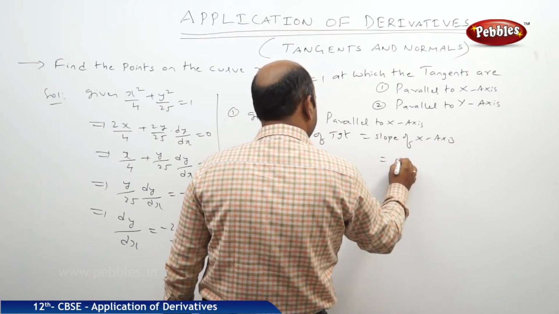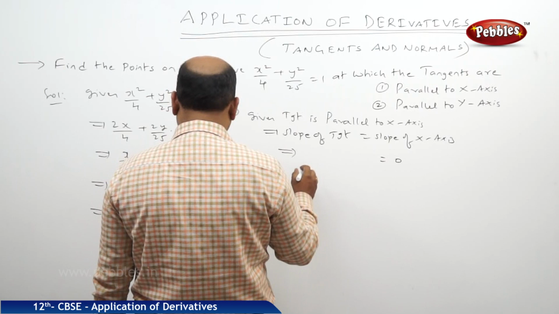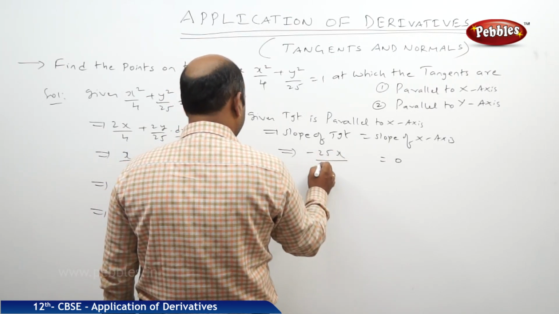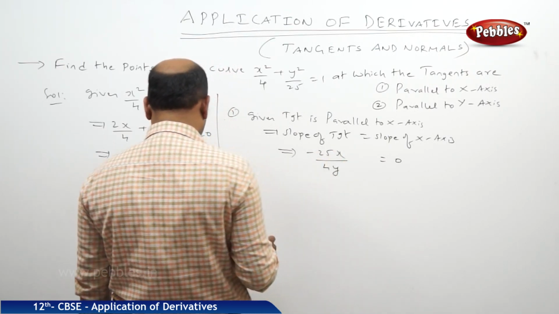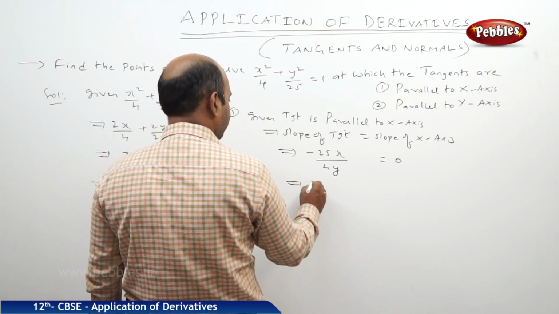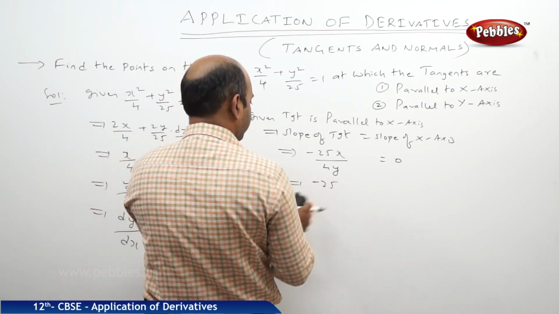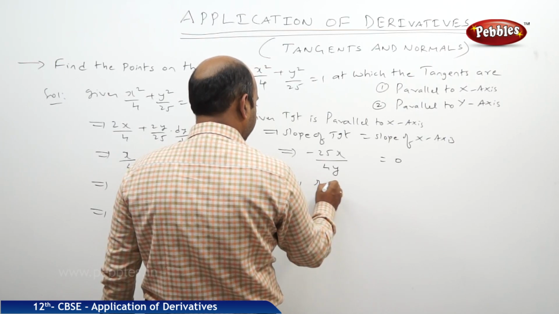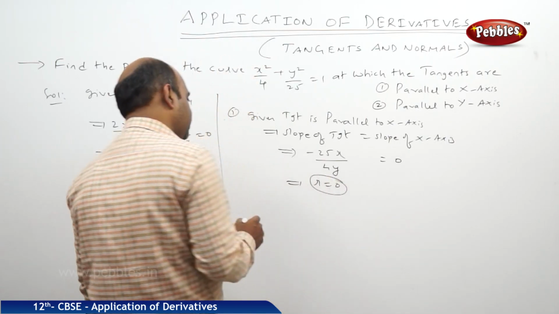But slope of x-axis is 0 and slope of tangent is minus 25x by 4y. So cross multiplication, minus 25x is equal to 0. So finally we will be getting the value of x is equal to 0.